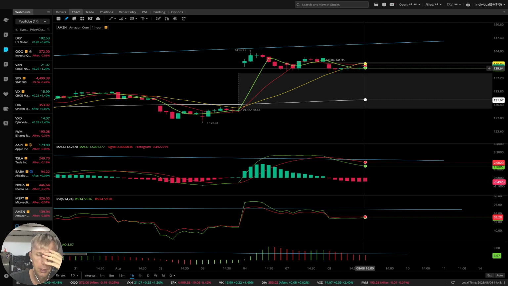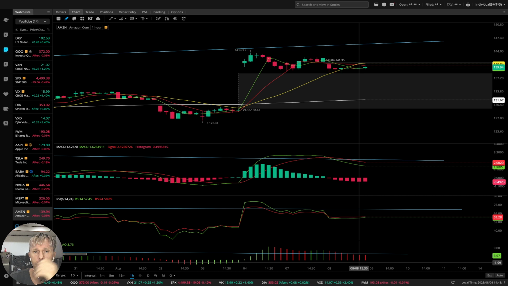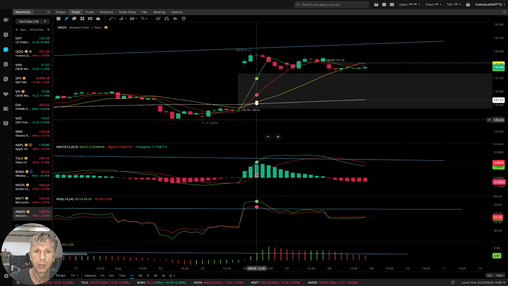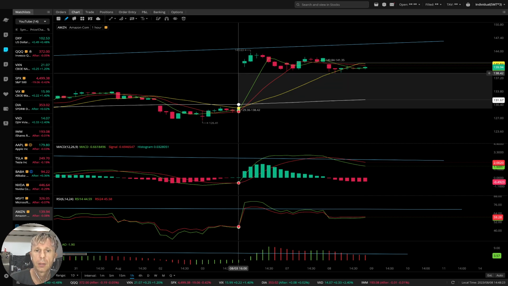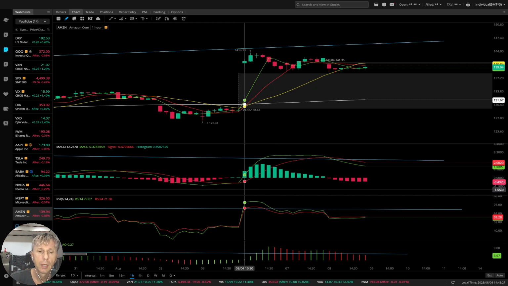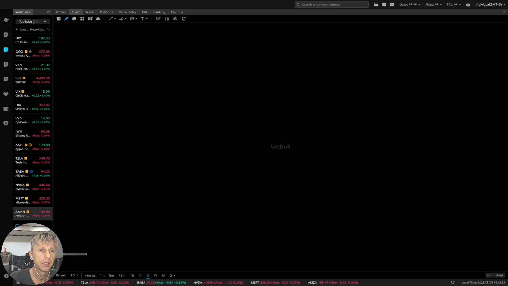Now it's in a confirmed bearish reversal signal on all indicators on 1 hour time frame. Still huge gap down. 1 hour time frame.